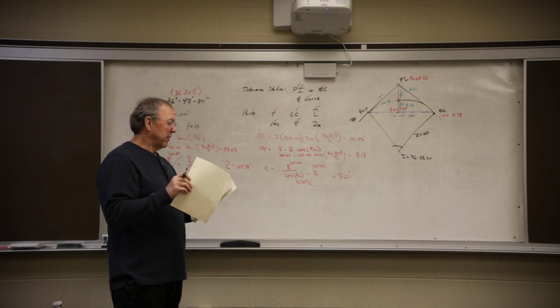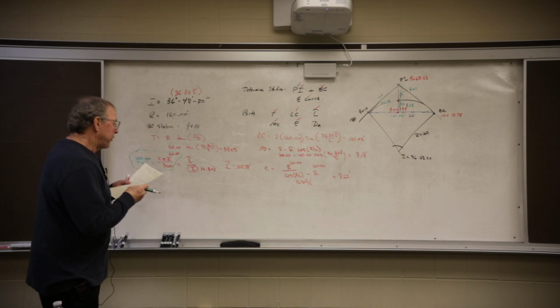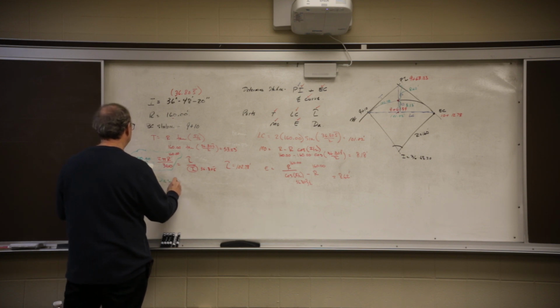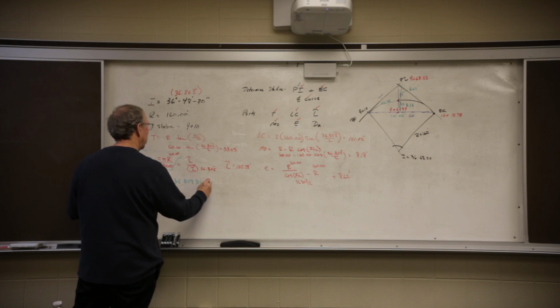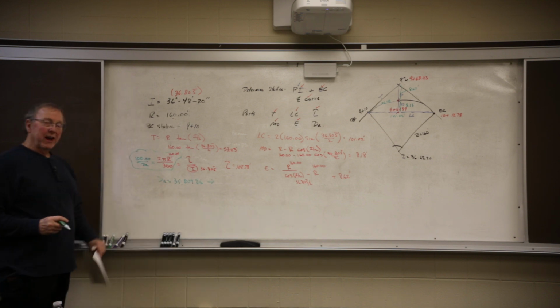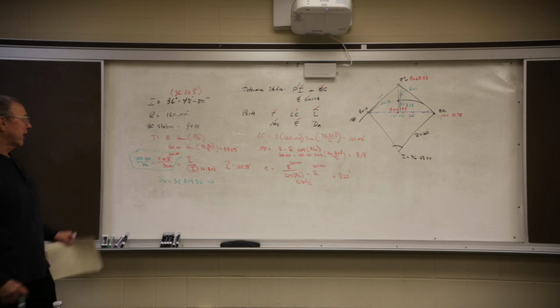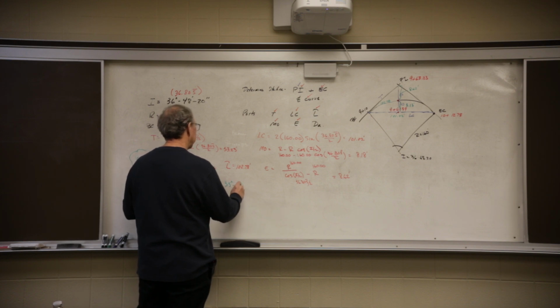I may not have done that. Yes, I did. That comes out to be 35.80986. Same as you did on your test. Put that in decimal form, push degrees, minutes, seconds, and you end up with 35 degrees, 48 minutes, 36 seconds.